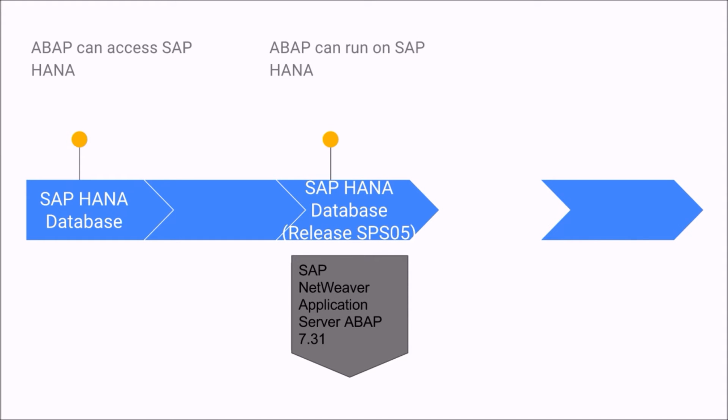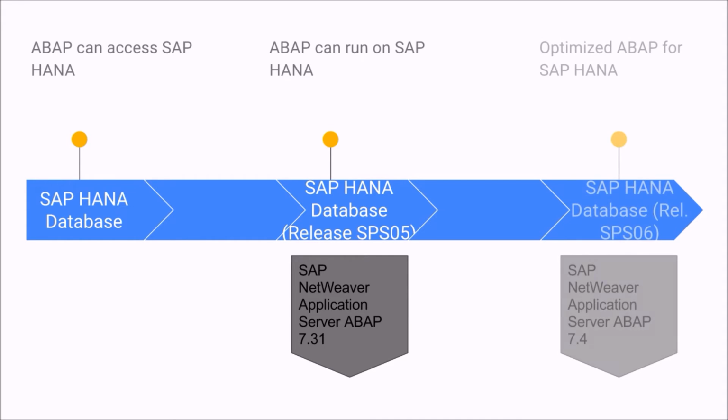This was for the SPS05 release with the SAP NetWeaver application server ABAP version 7.31. Finally, on the last stage, ABAP was optimized for HANA on the SPS06 release running the application server ABAP version 7.4.